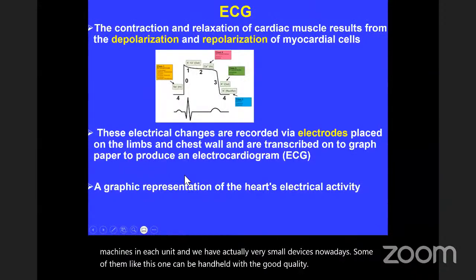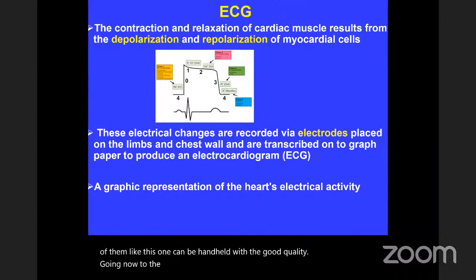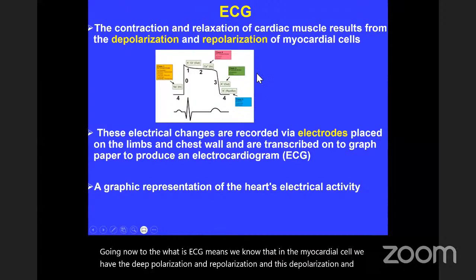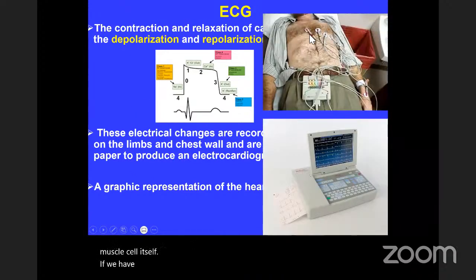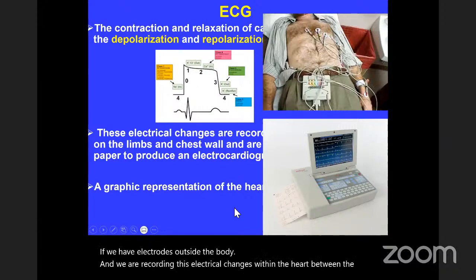Going now to what ECG means. We know that in the myocardial cell, we have depolarization and repolarization, and these activities result in contraction and relaxation of the cardiac muscle cell itself. If we have electrodes outside the body, recording these electrical changes within the heart between these electrodes, then we have what we call ECG.